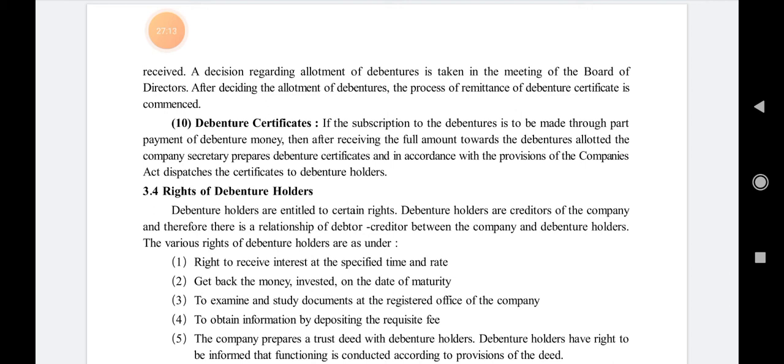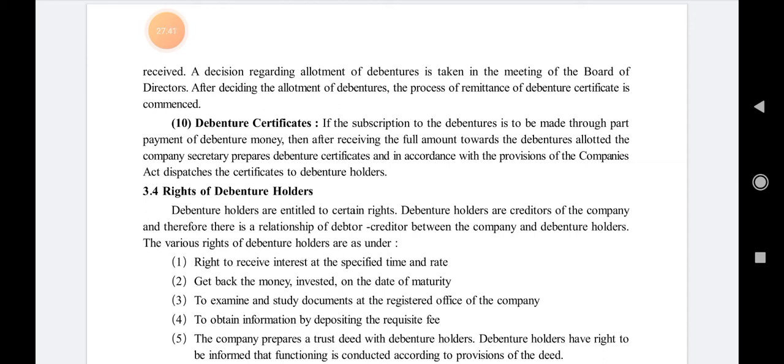See, after the subscription procedure is over and the company has received the full payment, the company secretary prepares a debenture certificate, and after that, in accordance with the provisions of the Companies Act, dispatches the certificate to the debenture holders.